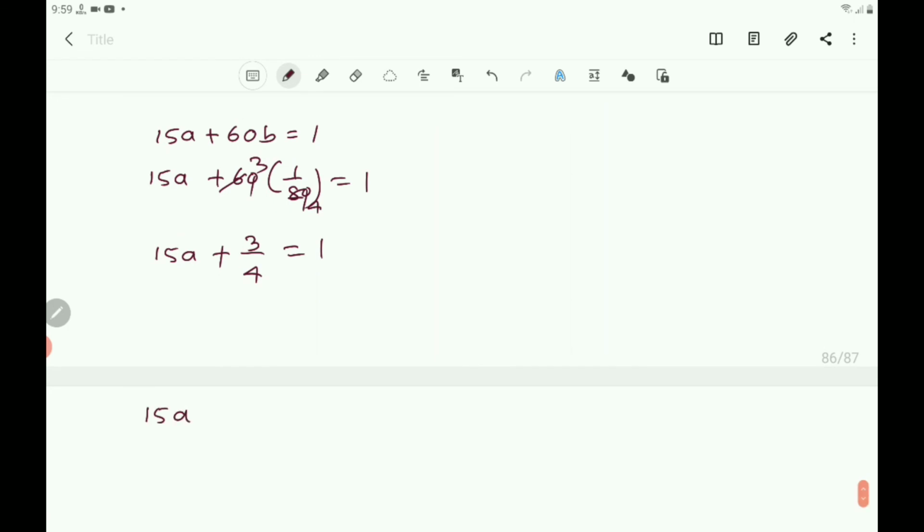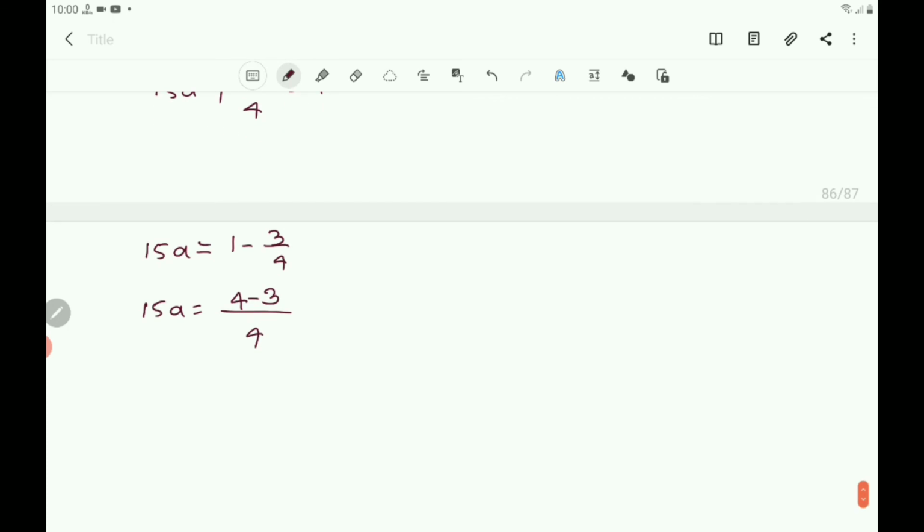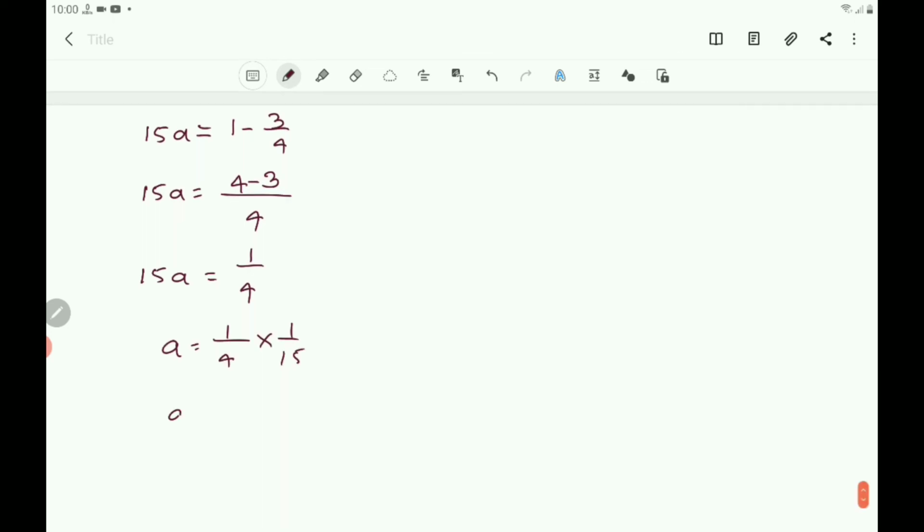Then 15a equals 1 minus 3 by 4. Transfer that 3 by 4 to the RHS. Then 15a equals, LCM is 4, 4 minus 3, that is 1 by 4. So a equals 1 by 4 into 1 by 15. That is a equals 1 by 60.